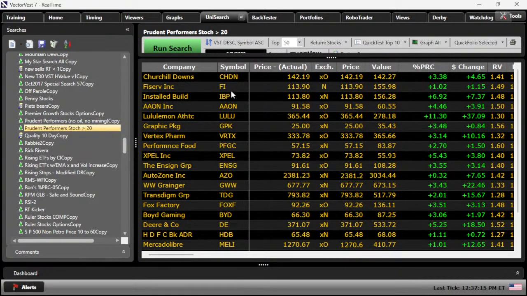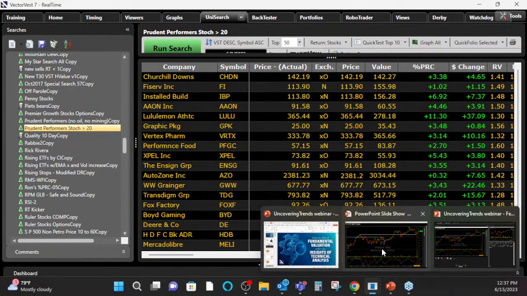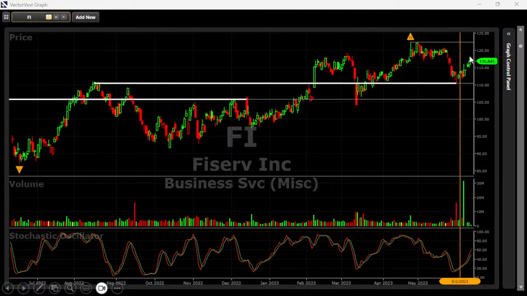They were the top stocks because the sort is VST descending. The first two stocks there, right at the very top, were two unbelievably perfect setups. Just pulling off of a new high, landing right at an old high, right in this support zone. And you see those long lower wicks, guys? This is candlestick analysis.